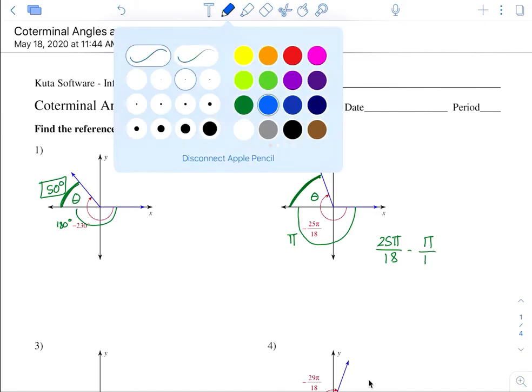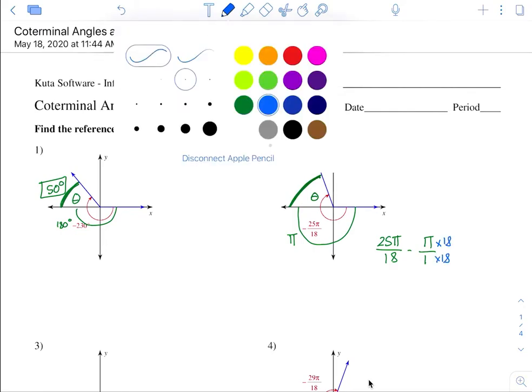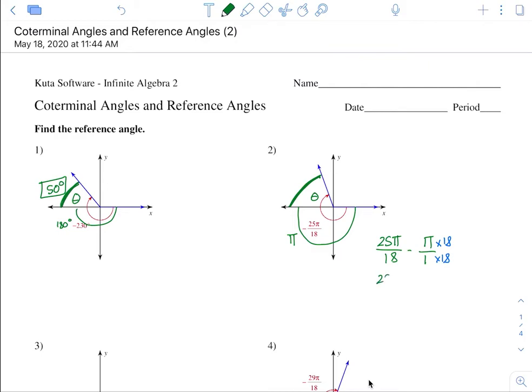Let's multiply top and bottom by 18. So then we get 25 pi minus 18 pi, and both of them are over 18. So common denominator is 18. 25 pi minus 18 pi is 7 pi. So that reference angle right here is going to be 7 pi over 18.